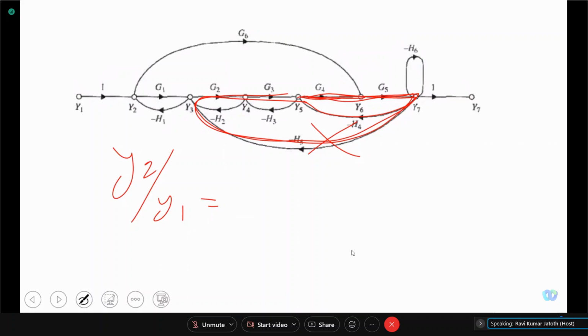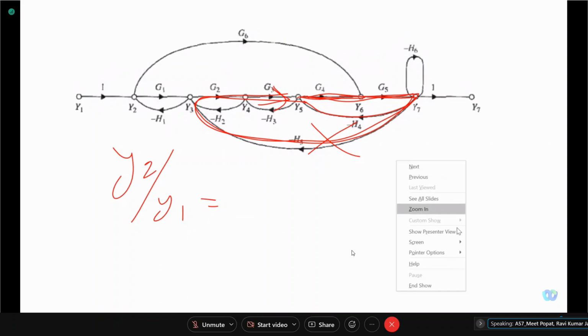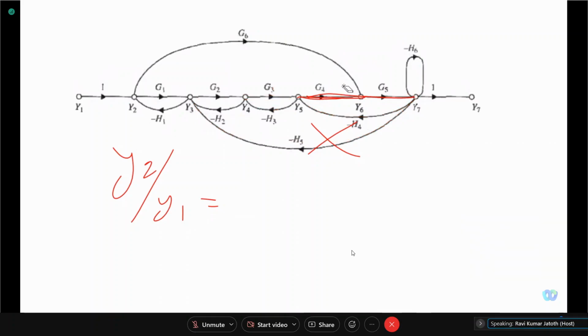It is meeting that, but it should not be entering from this particular side, from the back. That loop was already considered for Y3. So at Y5, only one particular loop.